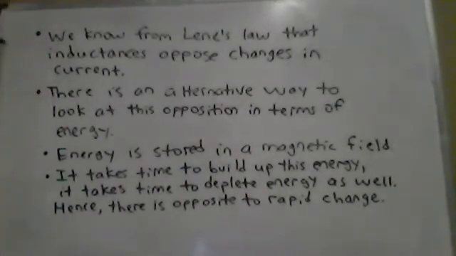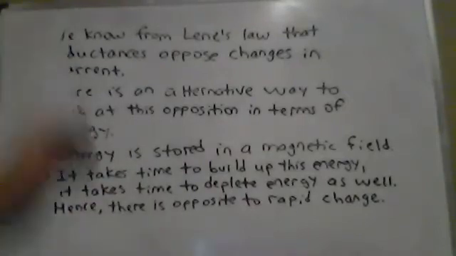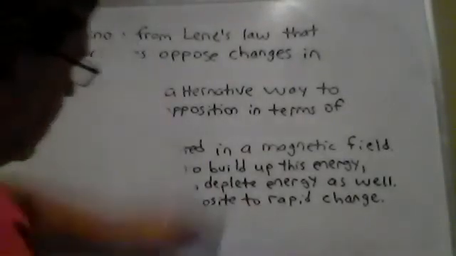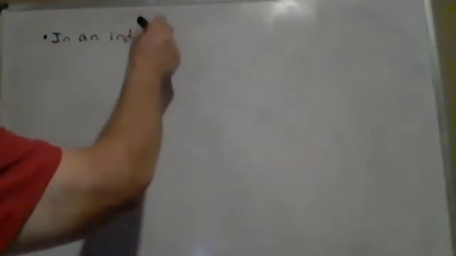All right, so moving on, taking all this into account, in an inductor, just kind of think about what's going on in an inductor. The magnetic field is directly proportional to the current. True.